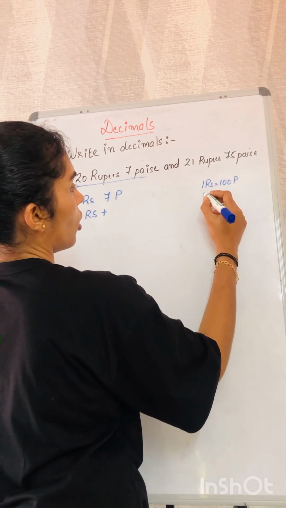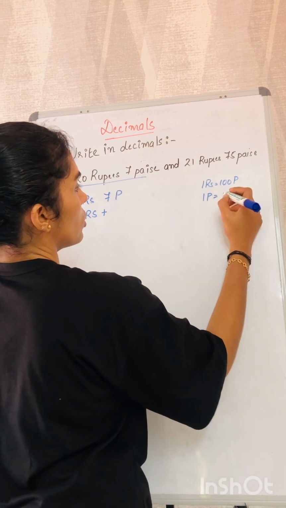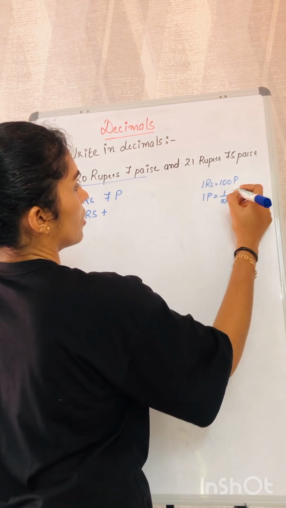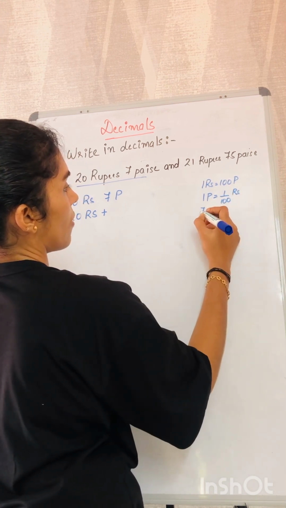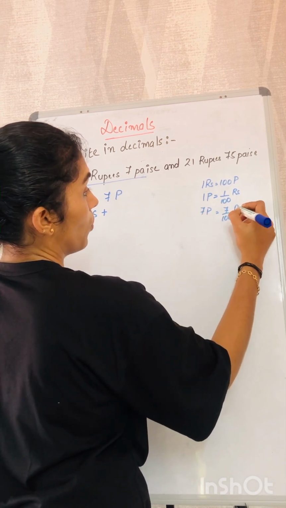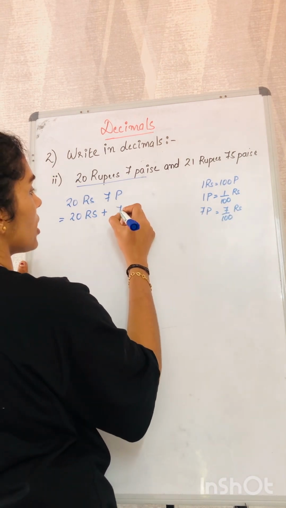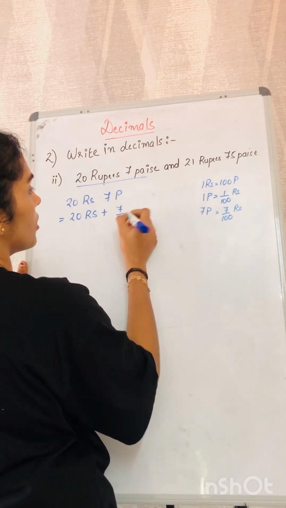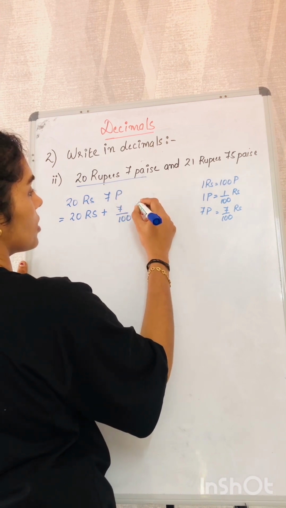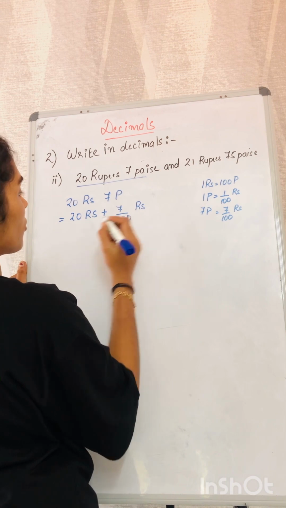So 1 paise is equal to 1 by 100 rupees. So 7 paise is equal to 7 by 100 rupees, not paise. So take that fraction here. 7 by 100, it's not p, it's rupees.